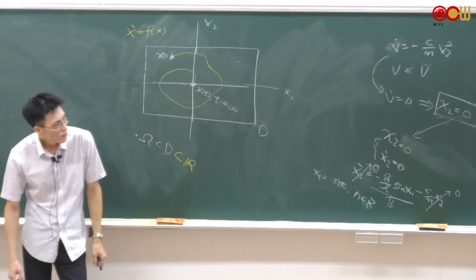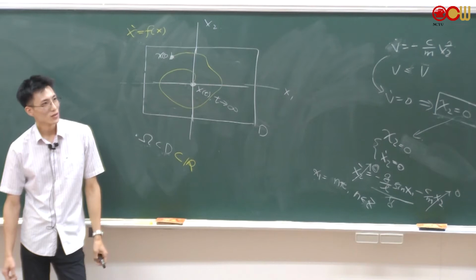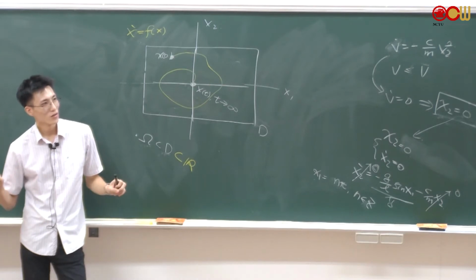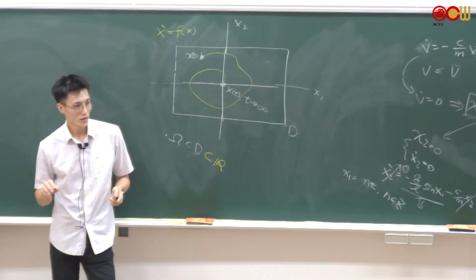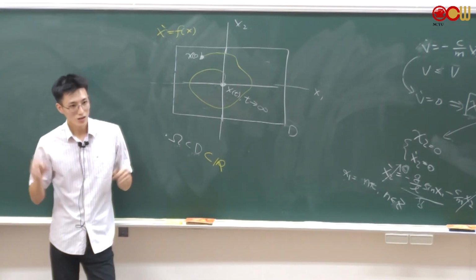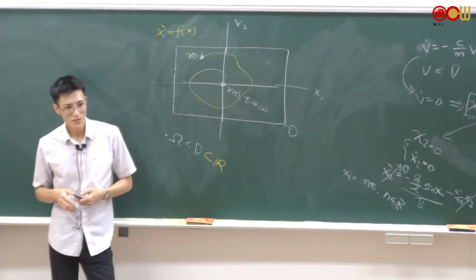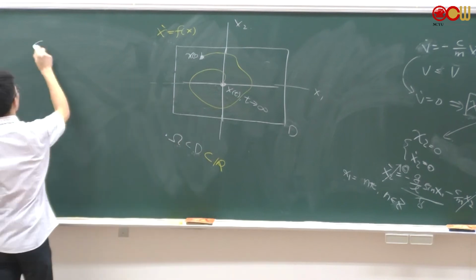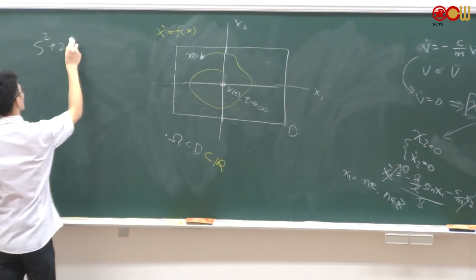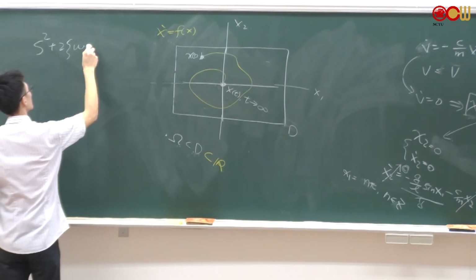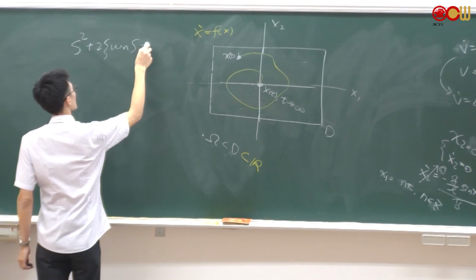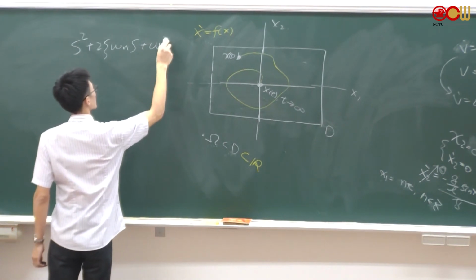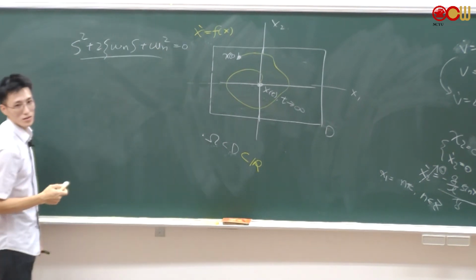In your first control system course, I think in your third year of your undergrad, right? Third year. So in the first control class in your career, what did they teach? They teach transient response, right? They teach s squared plus omega n s plus omega n squared equal to 0. Something like this, right?